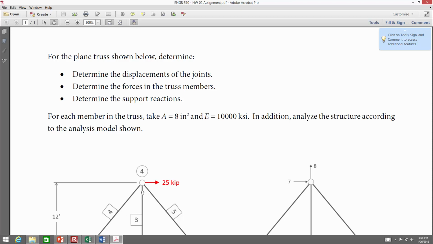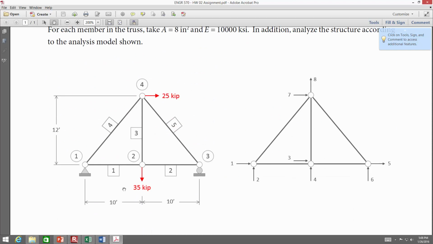Here's the truss. Now notice what I've given you is the truss itself, but then over here I'm giving you the member codes so that everybody assembles it and does the problem the same way. So that we've all agreed that for this joint, the horizontal displacement is degree of freedom 1.